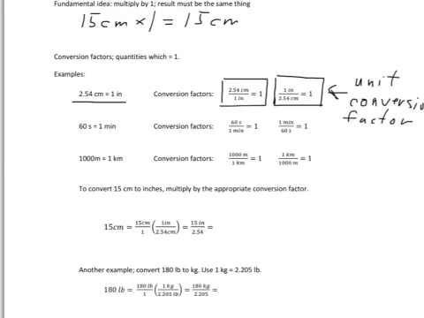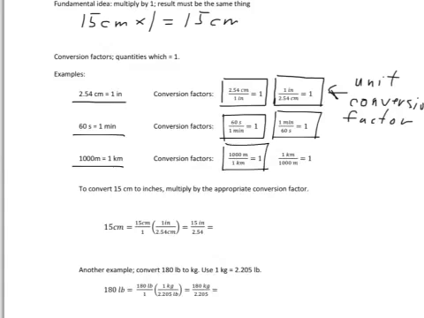From this fact, 60 seconds equals 1 minute, I can see that 60 seconds over 1 minute is equal to 1, or 1 minute over 60 seconds is equal to 1. Or similarly, from this conversion of meters to kilometers, 1,000 meters equals 1 kilometer, I come up with these two unit conversion factors. So here's how the method works.